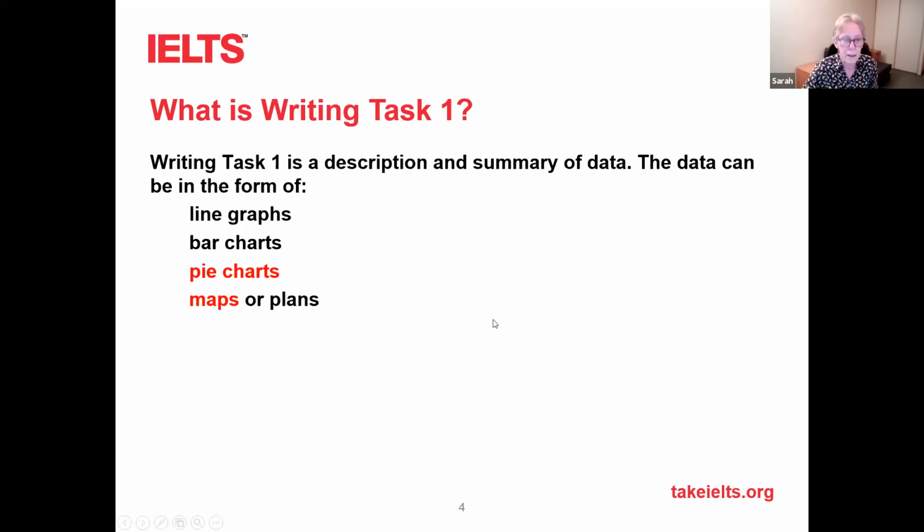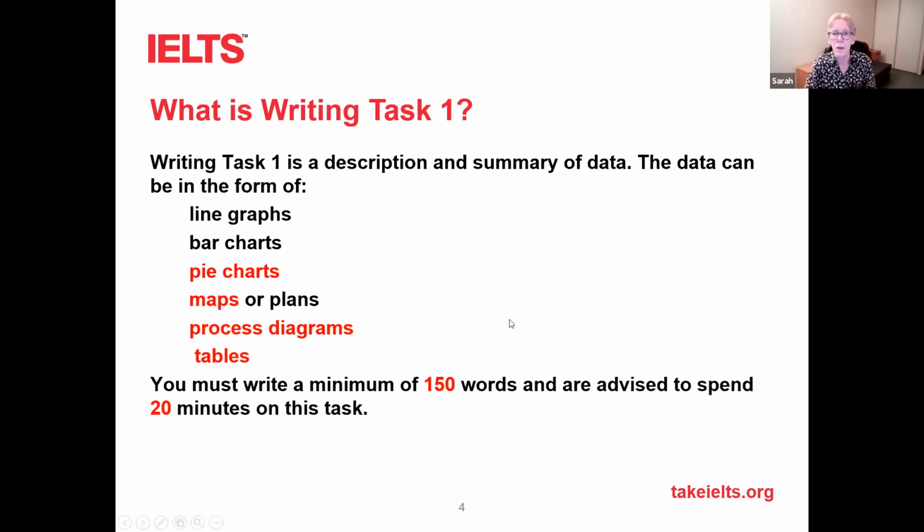So yes, pie charts, maps and plans, process diagrams, tables, and 150 words and 20 minutes. Okay, so that's the general thing. 20 minutes out of the 1 hour, because writing task 1 is worth 1/3 of the marks, whereas writing task 2 is worth 2/3. So 20 minutes, 40 minutes. And it's very important, I think, that we take that advice quite seriously.